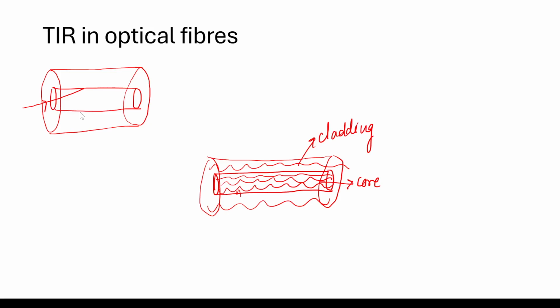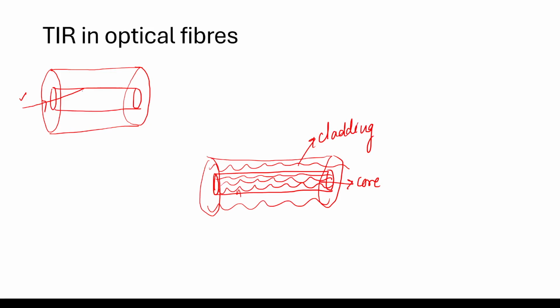The light ray enters at this part of the fiber, and hundreds of kilometers away you want to receive the internet signal in your house, and you want the signal to be strong.